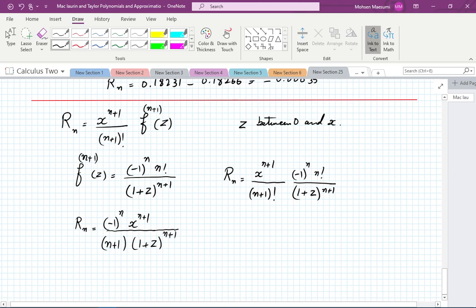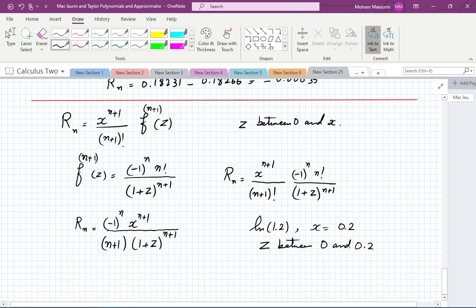So for the logarithm problem, that is what the remainder is going to look like. Now in our problem, we were looking for the logarithm of 1.2. So that means x is 0.2, and we know z is between 0 and x, so 0 and 0.2.